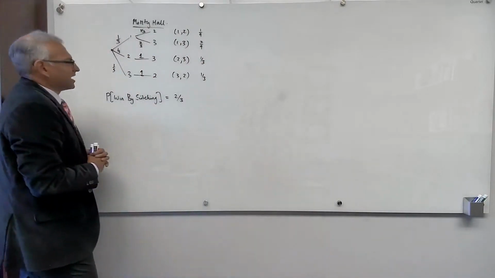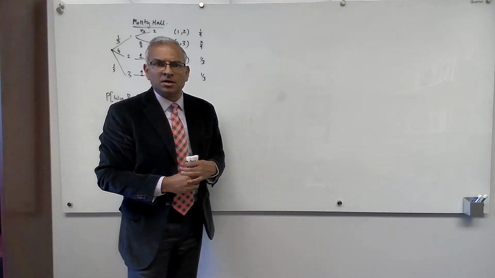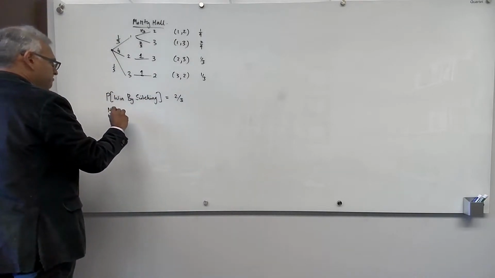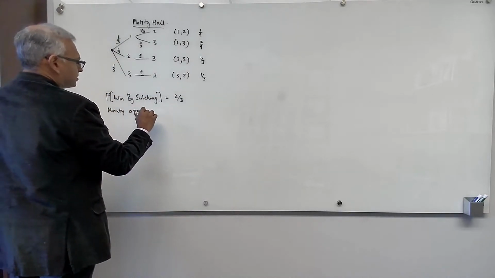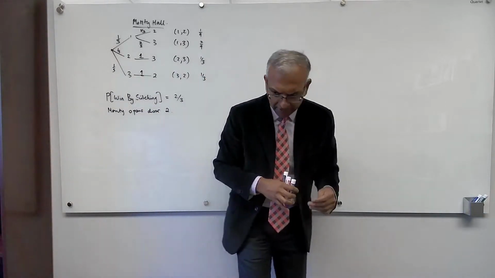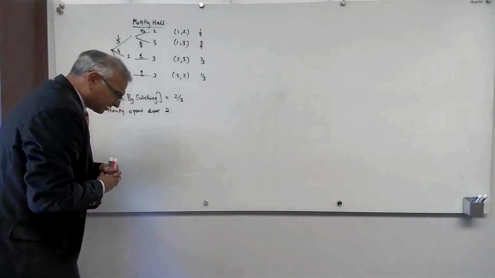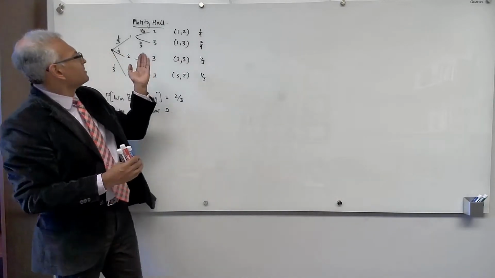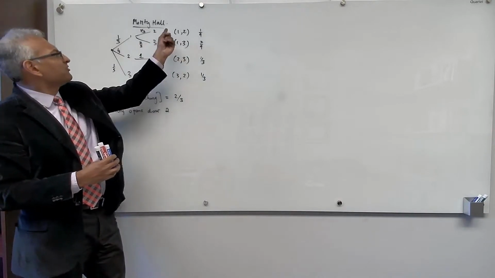Now I'm going to give you some additional information. You're playing the game, and Monty opens door 2. I claim you should be jumping up and down for joy. Why? Let's think about this. Well, Monty prefers door 3, because if both doors were available, he prefers door 3.